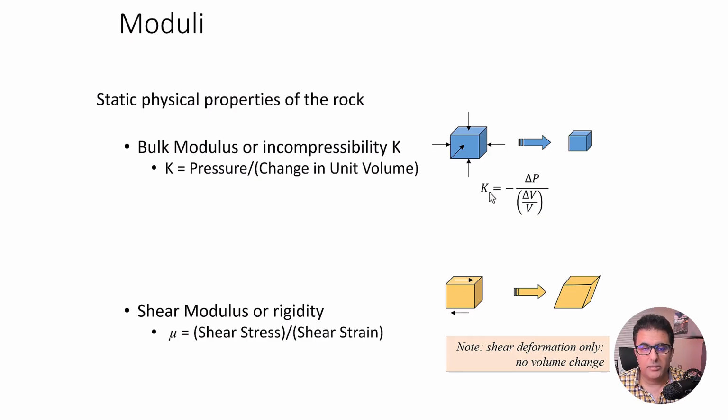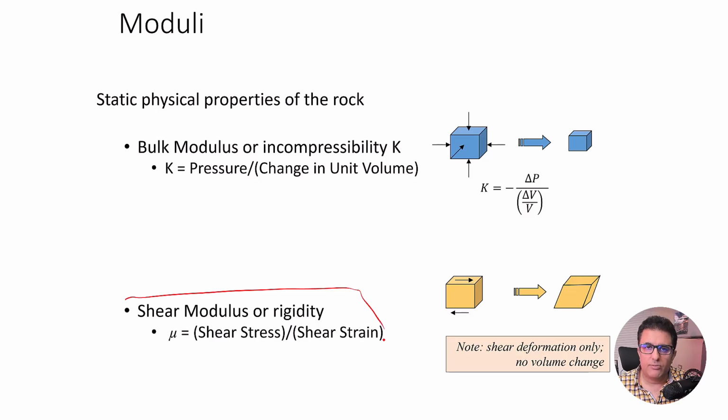Now consider, for example, gas. If you apply a little bit of pressure to gas, you're going to see a significant change in the volume. So it means that gases, in general, have very low incompressibility. And shear modulus is the resistance of a material to deformation in shape.